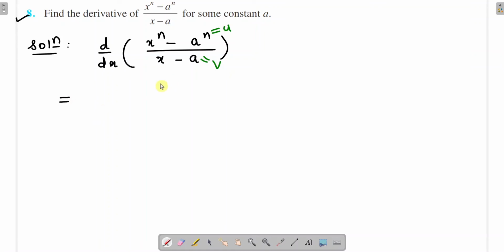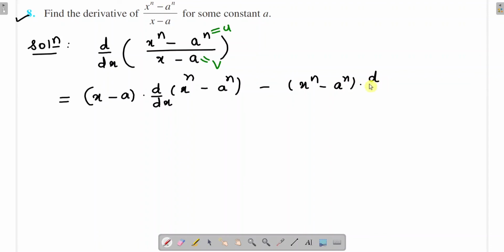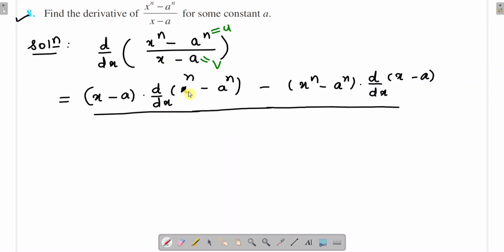So this will be equal to what? v, that is x minus a, times derivative of u, that is x raised to n minus a raised to n, minus u, sorry, that is x raised to n minus a raised to n, derivative of v, right? That is derivative of x minus a, and this is divided by v square, so x minus a the whole square, right?